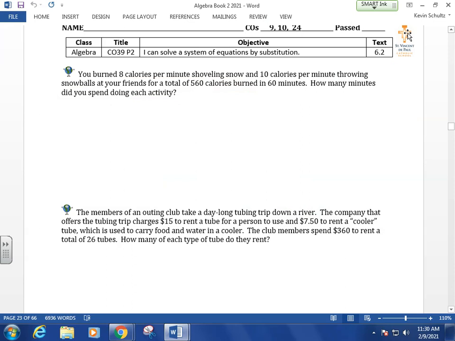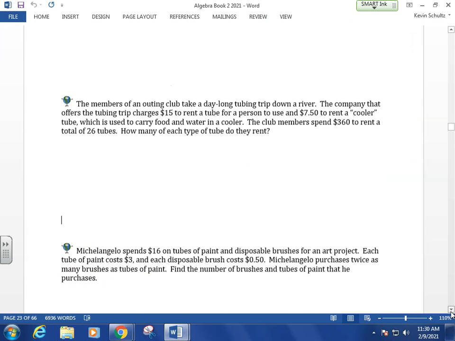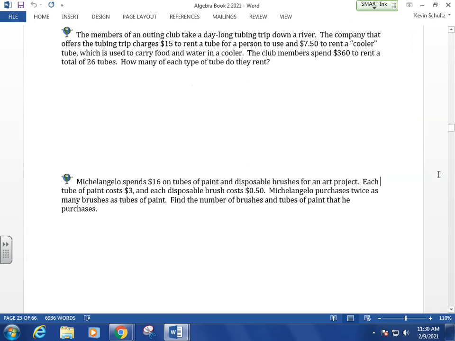Okay. Second one. It says the members of an outing club take a day-long tubing trip down a river. The company that offers the trip charges $15 to rent a tube for a person and $7.50 to rent a cooler tube, which does not raise your social status, but it's used to carry food and water in a cooler. Okay? The club members pay $360 to rent a total of 26 tubes.